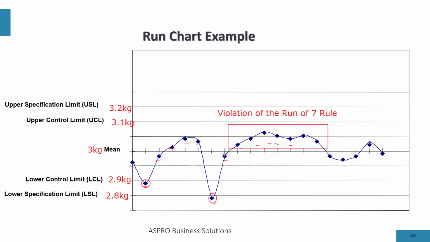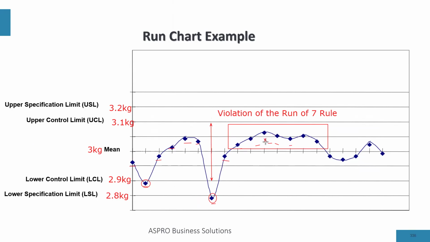Now, what is the violation of the run of 7? If you look at this very well, you notice that these products are within the control limits, which means these 7 products are okay. But because of the consistency, it might be an indication that one of your machines is about to give up.